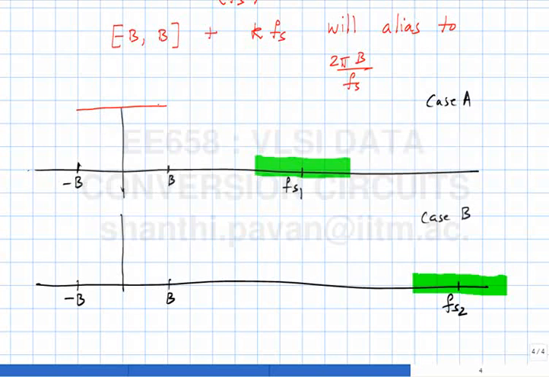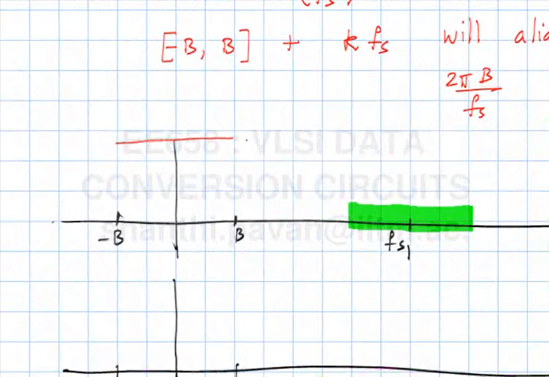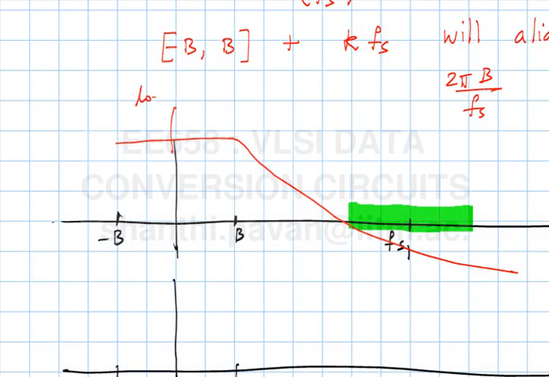So if you want the same degree of noise rejection due to aliasing, the anti-alias filter spec here, let's say this is a log scale. So the filter response is plotted as log magnitude of the filter response. So what can you say about case 2?